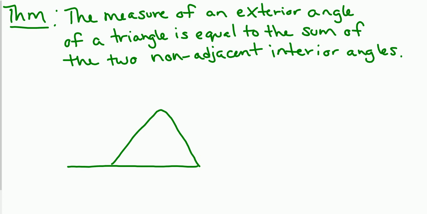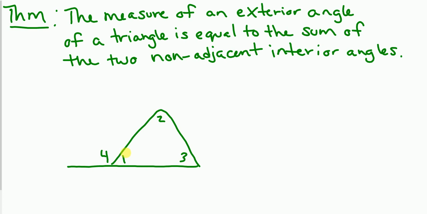So we have angle 4. If we look at this, we have 4 different angles here. The only one of these angles that's exterior, meaning on the outside, is angle 4. Angle 4 is on the outside of this triangle right here.